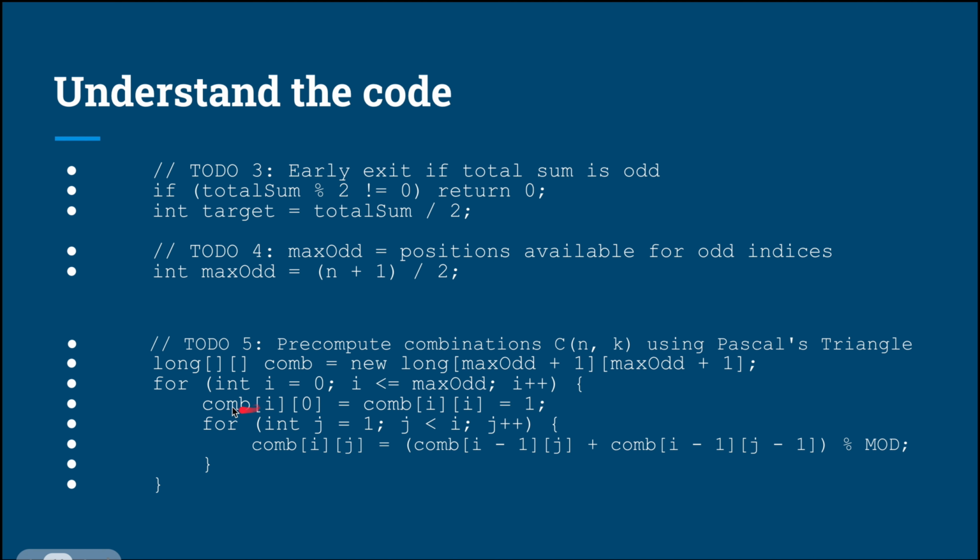The first loop goes from 0 to max odd, and between that we initialize this value as 1, because we are also using i minus 1 and j minus 1. Pre-compute means we have to initialize some values, and then we compute all the combinations. So j equal to 1 while j is less than i, we keep going and find all the combinations.